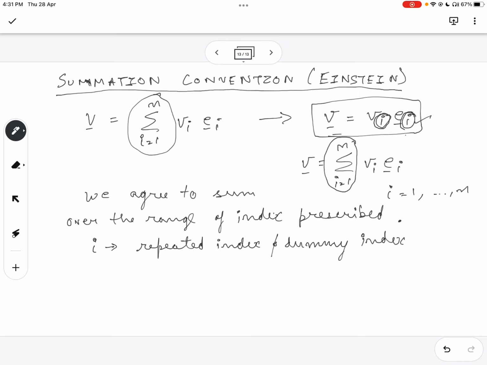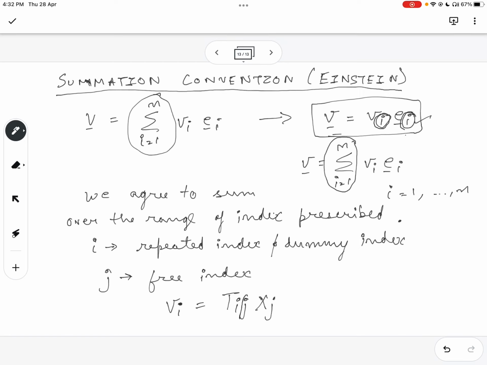If an index is not repeated, then it's called a free index, and it should exist on both sides of the equation. So for example, say vi is written in terms of other quantities such as tij xj.